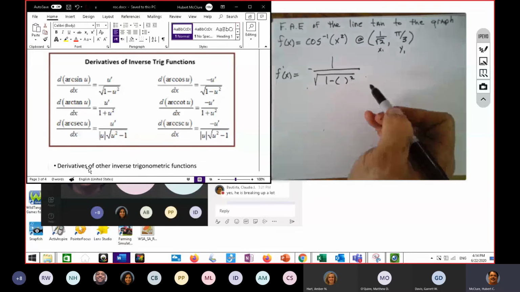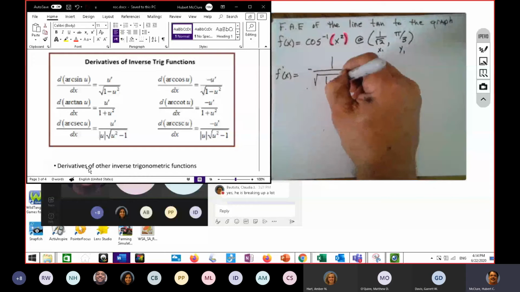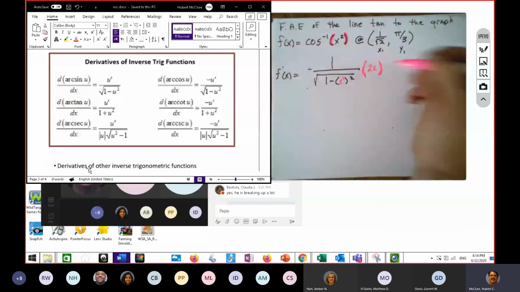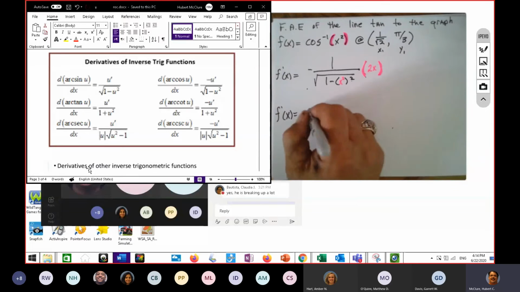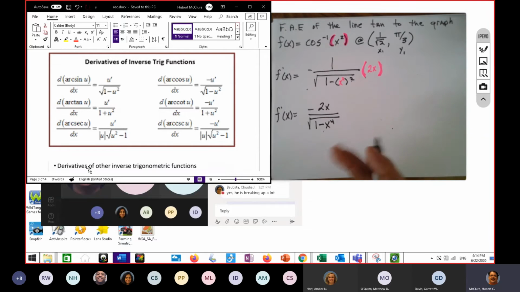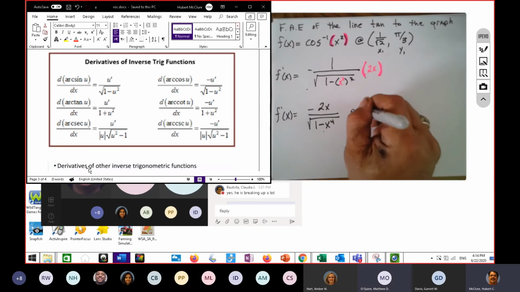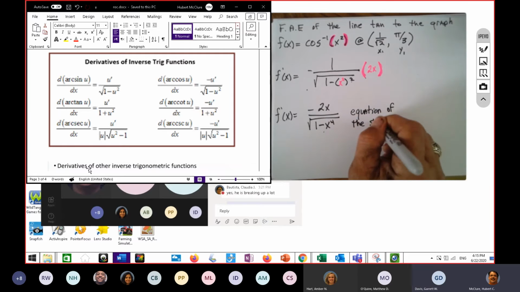If it's besides an x, you're going to have to use chain rule. So the x squared goes here, and the 2x goes here. So our derivative, f prime of x, is equal to negative 2x over the square root of 1 minus x to the 4th. Now, what are you going to do with that derivative? Because that's the equation of the what? Slope.